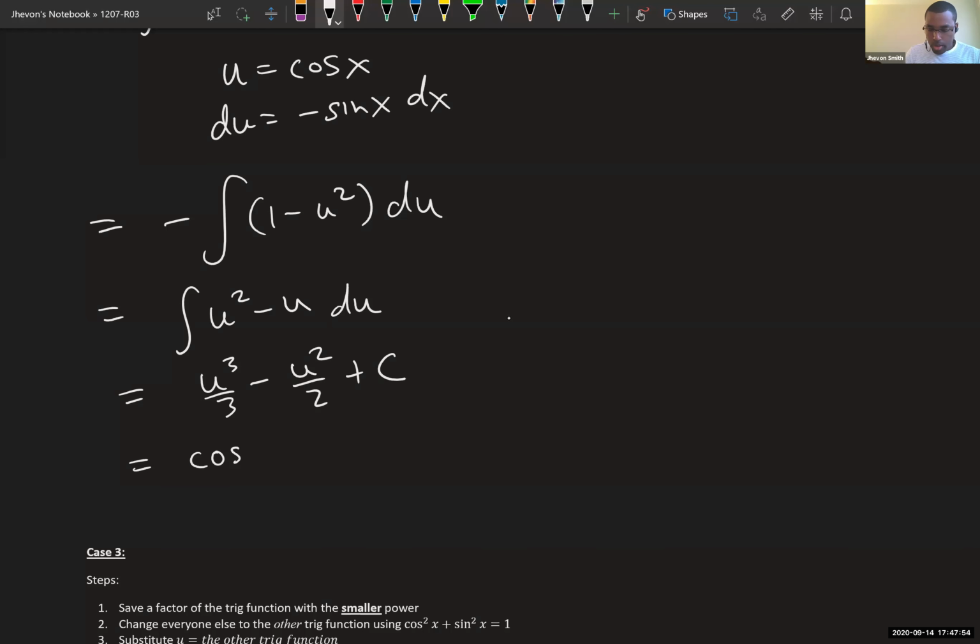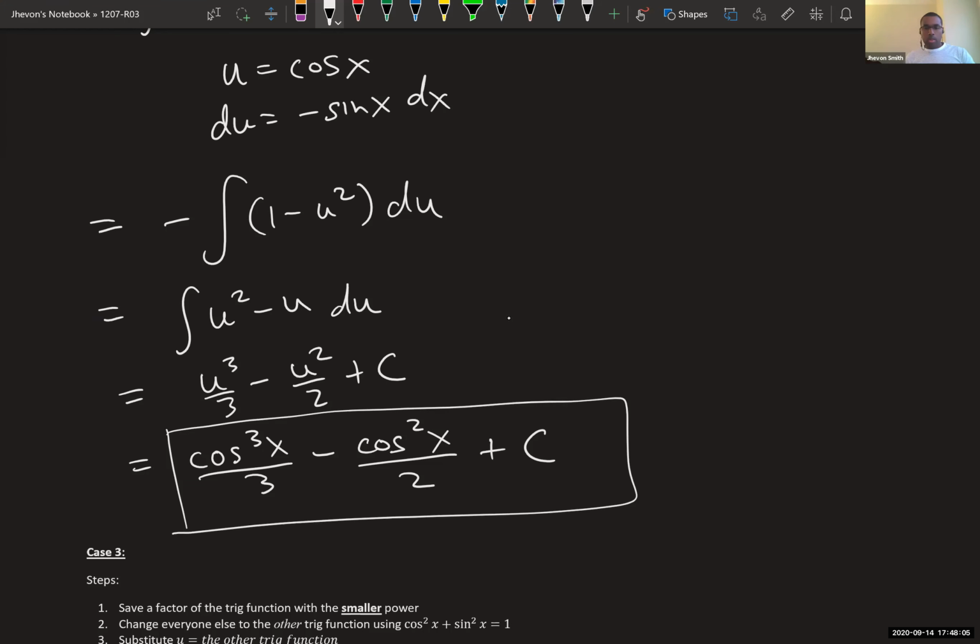So here we have cosine cubed x over 3 minus cosine squared x over 2 plus c. And that's the answer here. And this case 3.